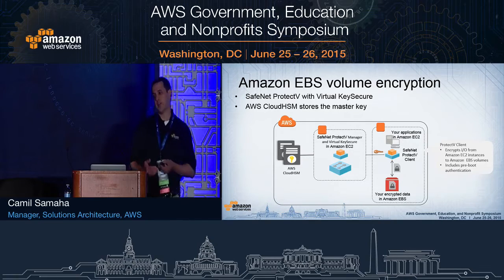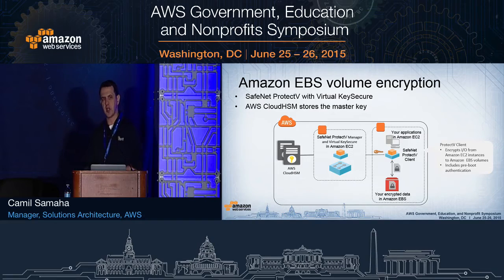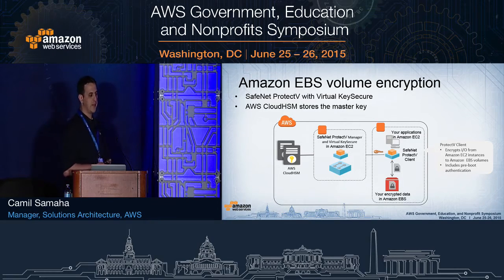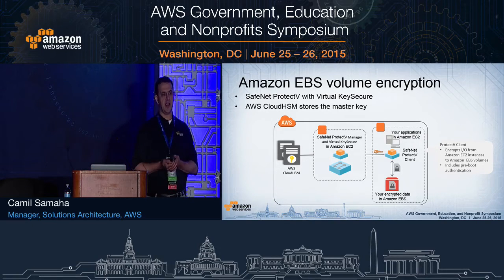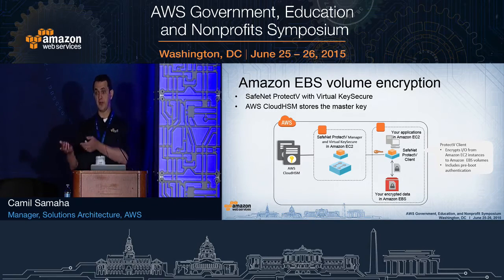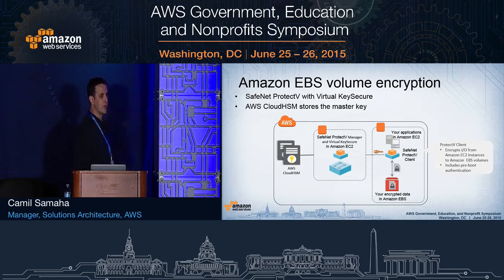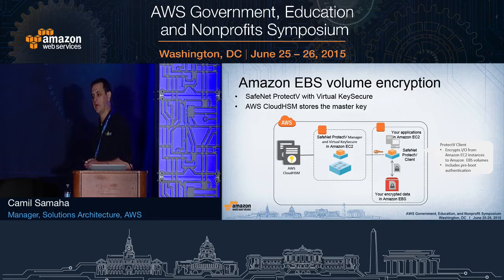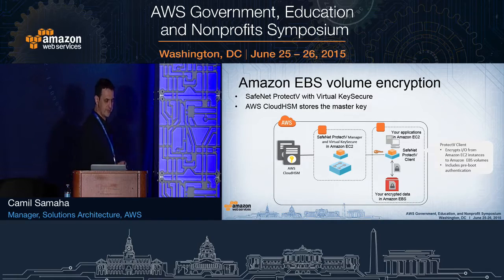In this case, you would have the SafeNet ProtectV client running on an EC2 instance, and that client will encrypt the I/O as the data is written from your EC2 instance to the EBS volume. And that client also supports pre-boot authentication, so you can encrypt your boot volumes.